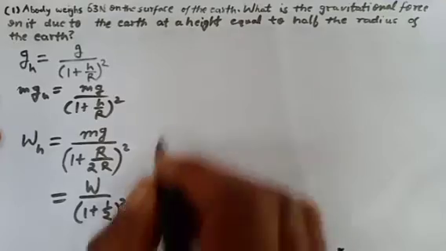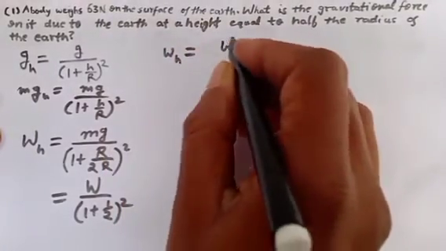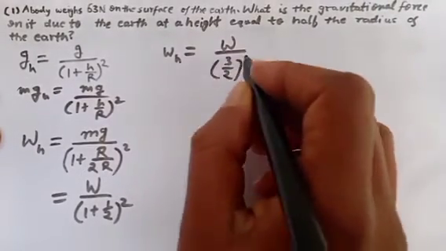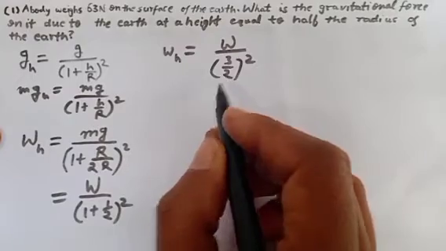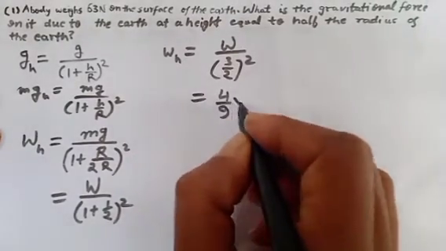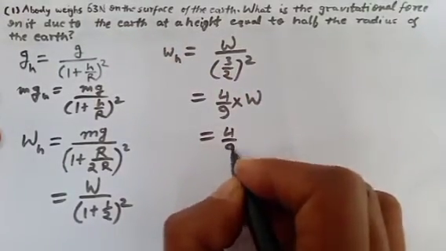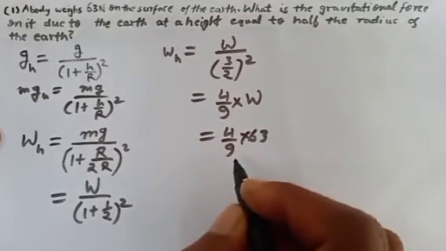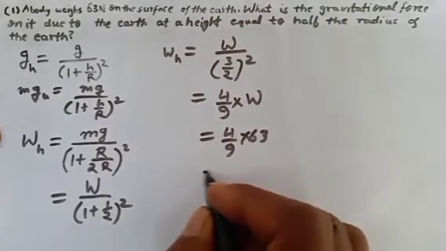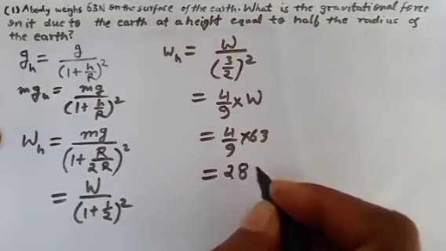So that will be W_h equal to W upon (3 by 2) square, that is 9 by 4, that is 4 by 9 into W, which is 63. 4 by 9 into 63, so 9 sevens are 63, 4 sevens are 28 Newton.